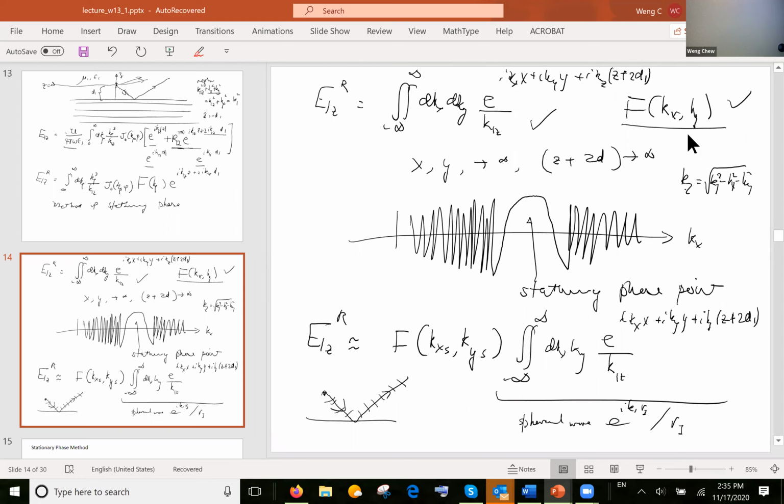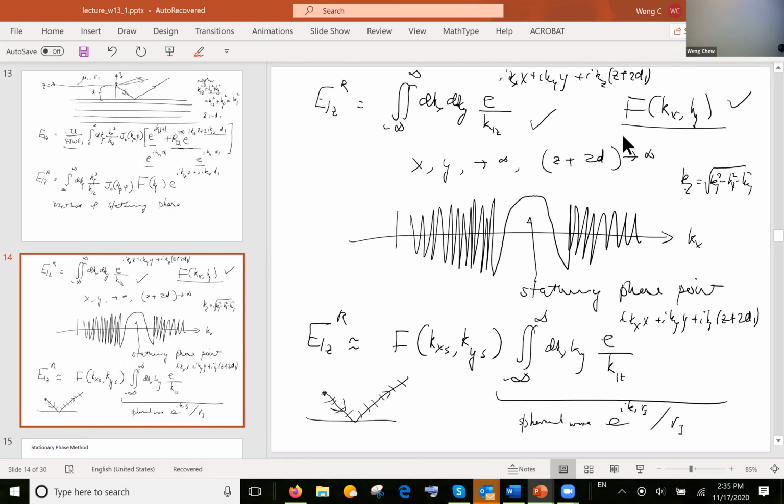You can think of F as a Fresnel reflection coefficient. You will have quite a bit of complicated expressions in there if you remember how the Fresnel reflection coefficient looked. It depends on K1Z and K2Z and so on. But those are too complicated to write explicitly, so I just lump them inside. Those are not going to be rapidly varying functions of Kx and Ky.